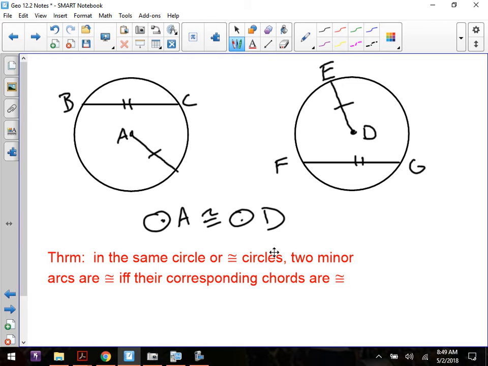And if chords are congruent, then their corresponding arc lengths would be congruent. So if you're in the same circle or within two circles, if this distance and this distance are the same, then the distance here and the distance here have to be the same.